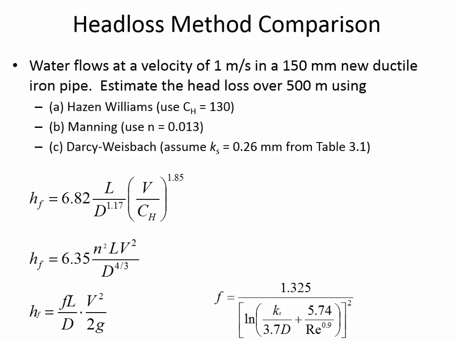We have to know F. There are two main terms in the Jain equation. There is the relative roughness term, this K sub s, or epsilon as your book calls it. The ratio of the equivalent sand roughness to the pipe diameter is one of the terms, and then the other term has to do with the flow conditions. And so this term is basically the pipe conditions, and this term is the flow conditions.